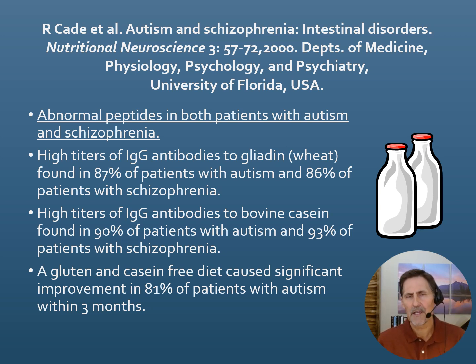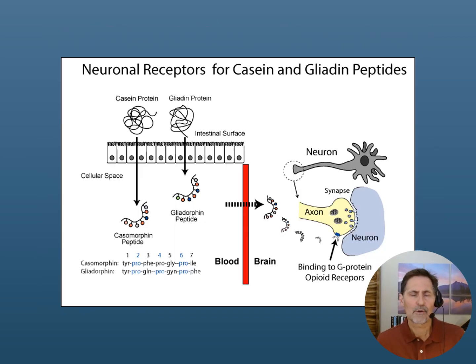Now, peptides are short amino acid segments of proteins, and they too can trigger an immune reaction, but more commonly, particularly in autism, for example, they can trigger behavioral issues related to an opiate or opioid receptor effect.